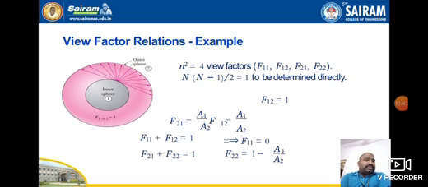Hence we consider f1 1 is 0, so f1 to 2 is 1. So f2 1 plus f2 2 is equal to 1, so we have to take f2 1 and find out f2 2. So 1 minus A1 by A2, because f2 to 1 is A1 by A2.